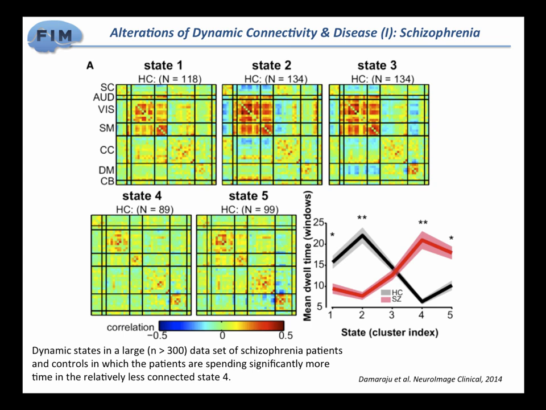Suddenly, when you look at the dynamics, you multiply that space of potential things that you might use either as potential biomarkers or as units that tell you something about the brain. So here is one potential example that seems to help differentiate at least between normals and schizophrenics.